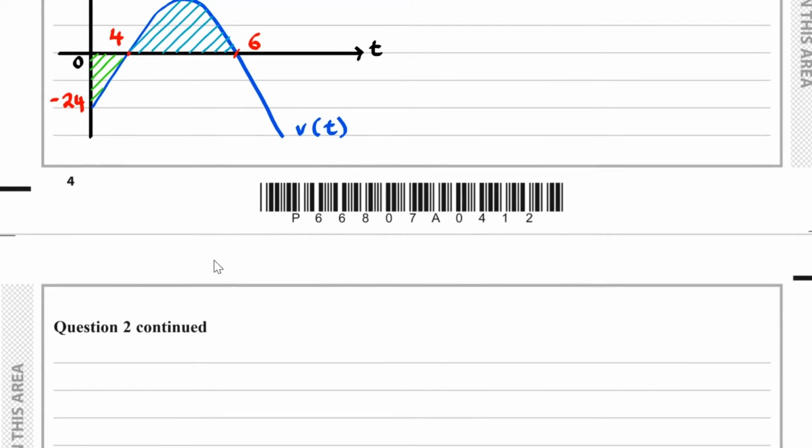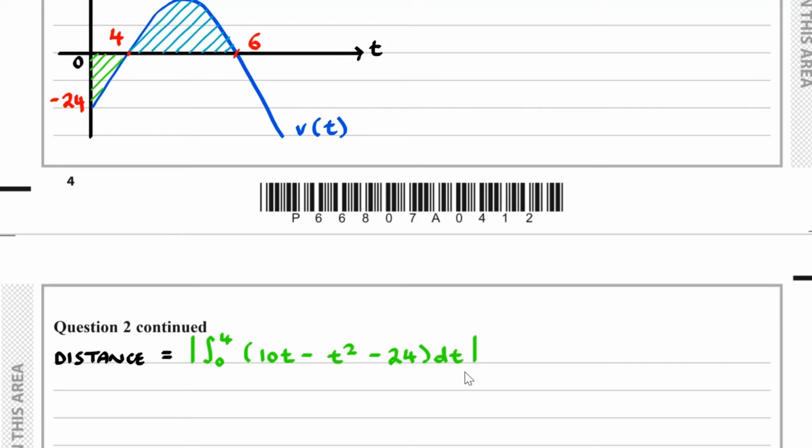So, for part C then, the distance is equal to the absolute value of the integral from 0 to 4 of 10t minus t squared minus k, which is 24. So here is the distance between 0 and 4.